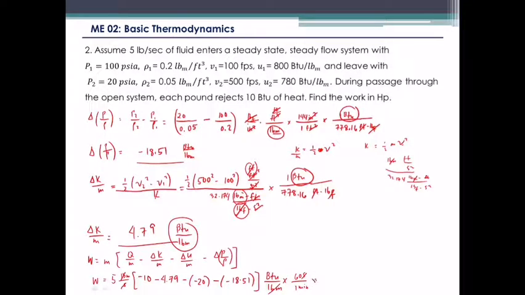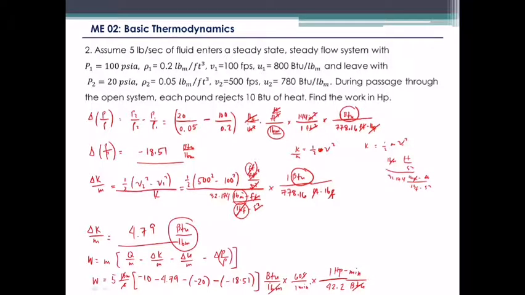And we have the conversion factor: 1 horsepower is 42.2 BTU per minute.